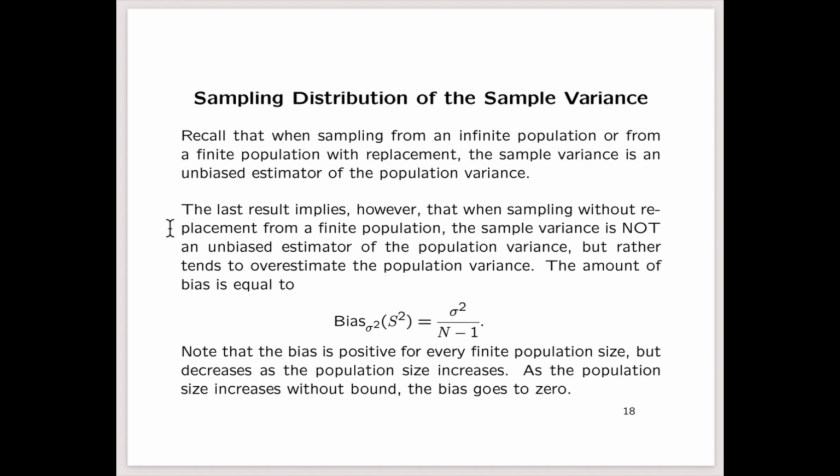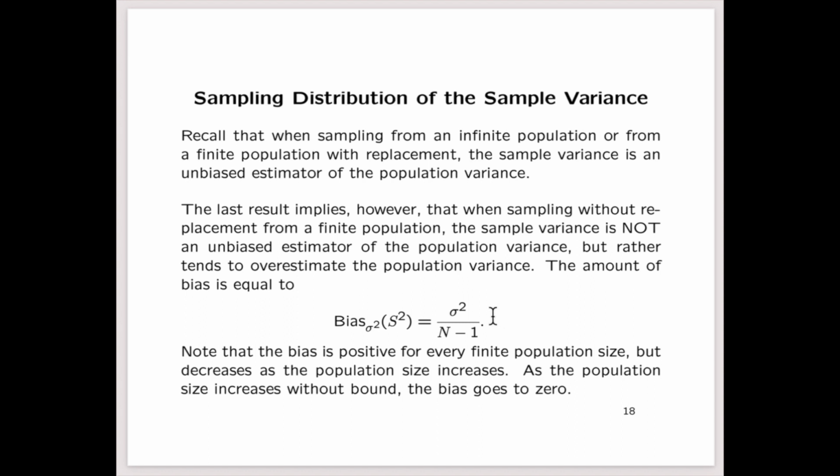the population variance. Now, the amount of bias that S squared has as an estimator of sigma squared is given by this expression here. We read this as the bias of S squared, the sample variance, as an estimator of sigma squared. And the amount of bias is equal to sigma squared, the population variance, over cap N minus 1. Now, both the numerator and the denominator are positive values, and so what this tells us is that the bias of the usual sample variance as an estimator of sigma squared will always be positive.